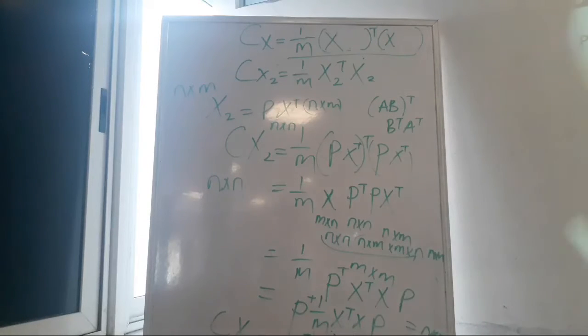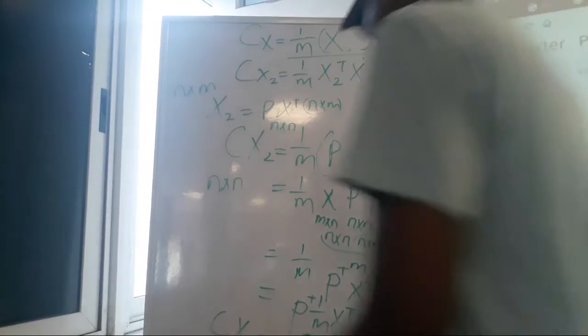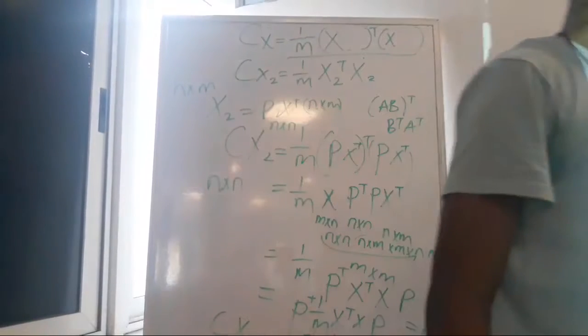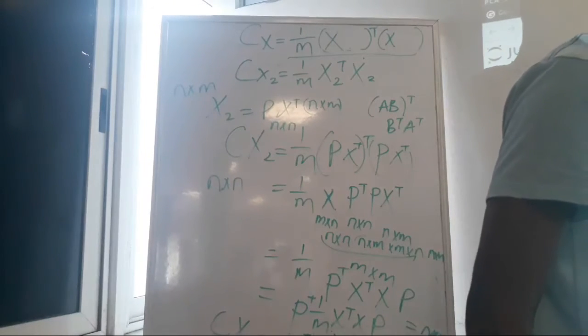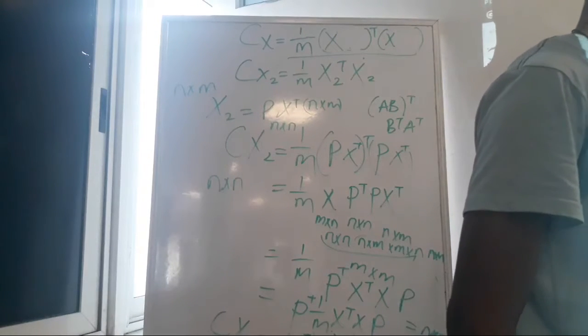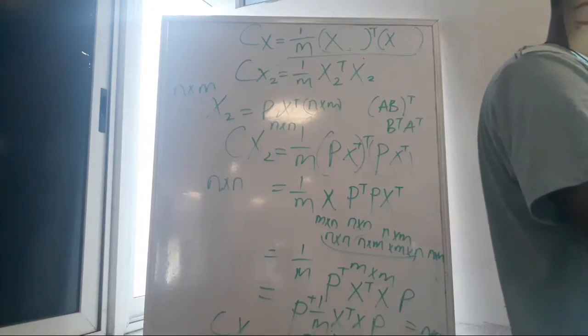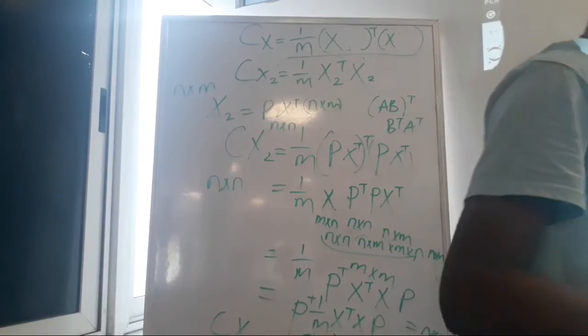Okay, so you can all see this here. So we have this like I did here. So Cx is this. So this is actually Cx2, but I just made it Cx prime. So this is the covariance matrix of the transformed feature matrix, which is this.